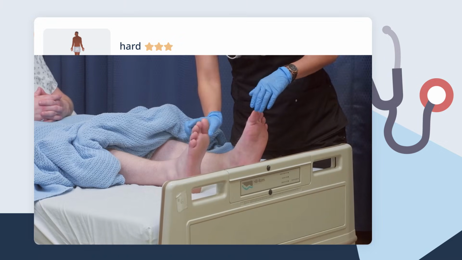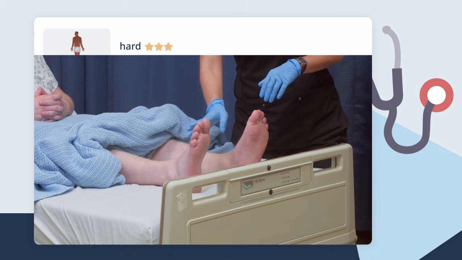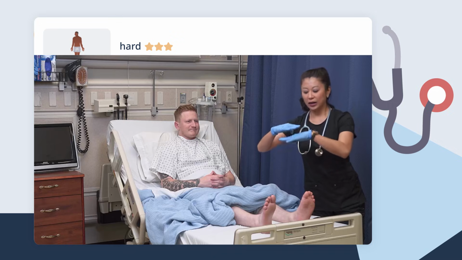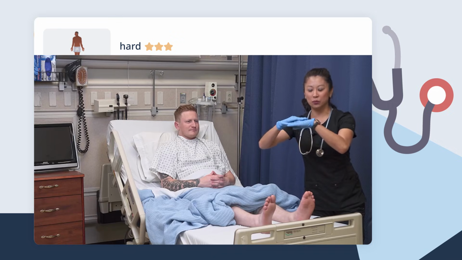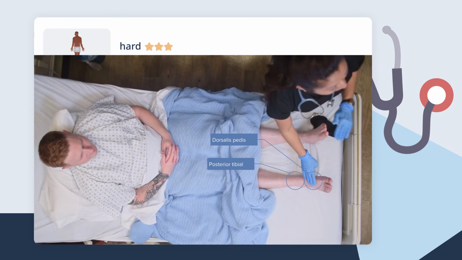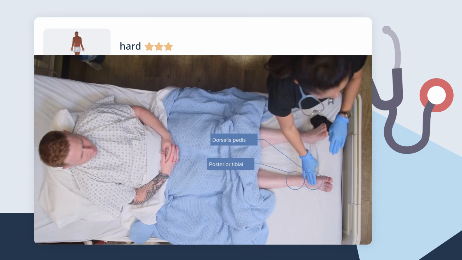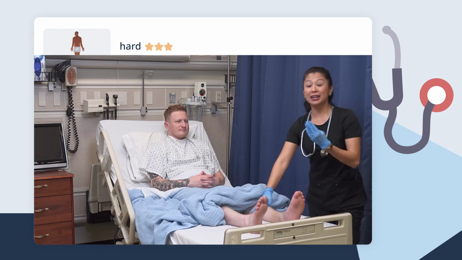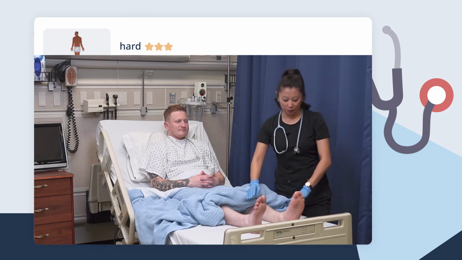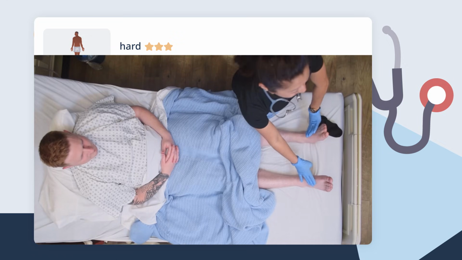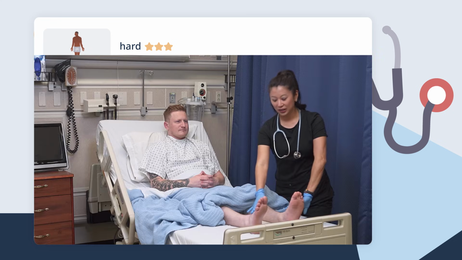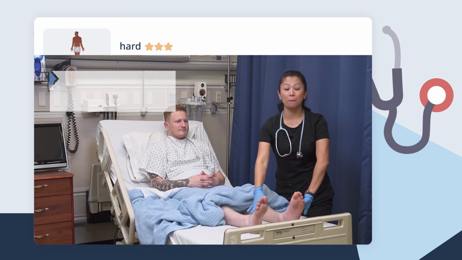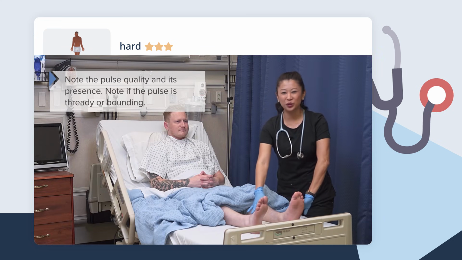So if you go between Brandon's big toe and his second toe, and anytime we palpate, keep those fingers flat, go down with about 2 or 3 fingers and palpate for what we call the dorsalis pedis and check for circulation. And again, anytime you're working down the body, if you've got 2 hands, you can assess at the same time. Now we're checking if it's thready or bounding, and we want to make sure absolutely that it's present.